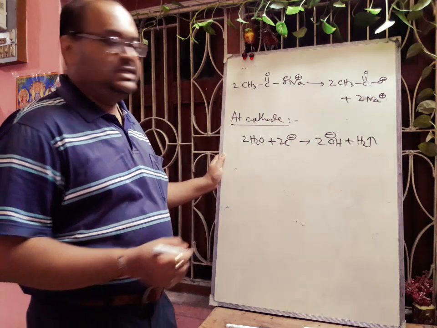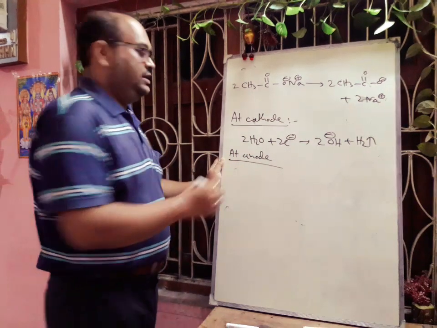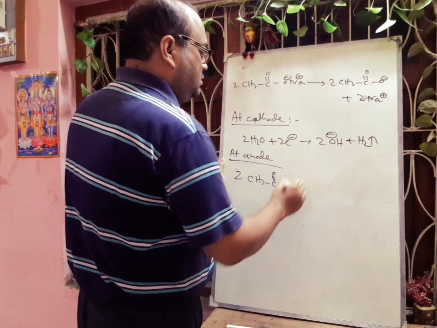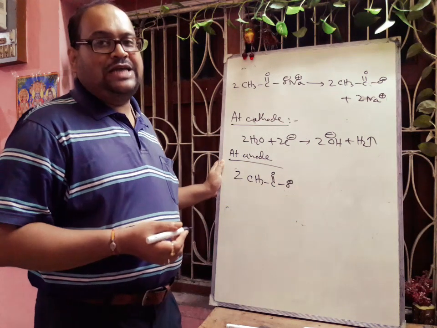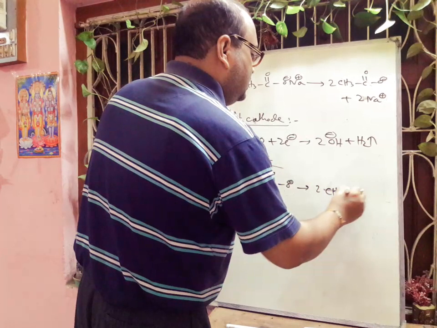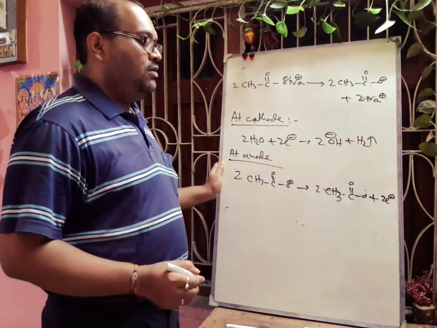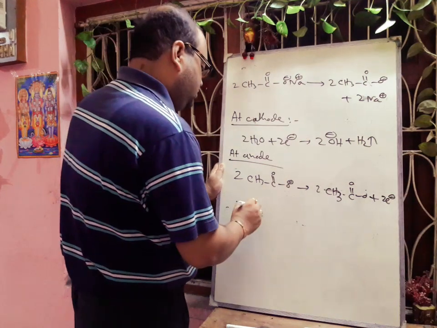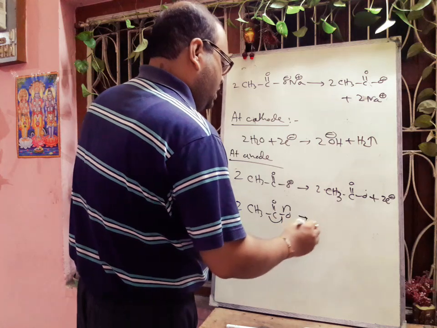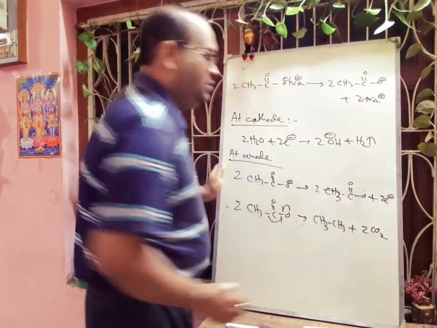and at the anode there will be oxidation. So this CH3COO minus will lose 1 electron because at the anode there is oxidation, so there will be formation of 2 CH3COO dot plus 2 electrons. Now this compound will decompose, forming carbon dioxide gas and the ethane molecule, plus there will be 2 CO2.